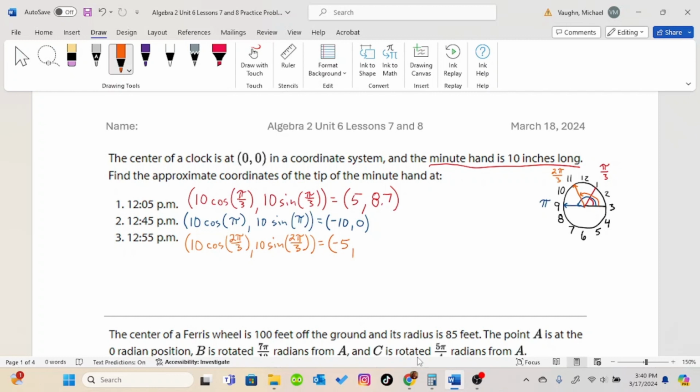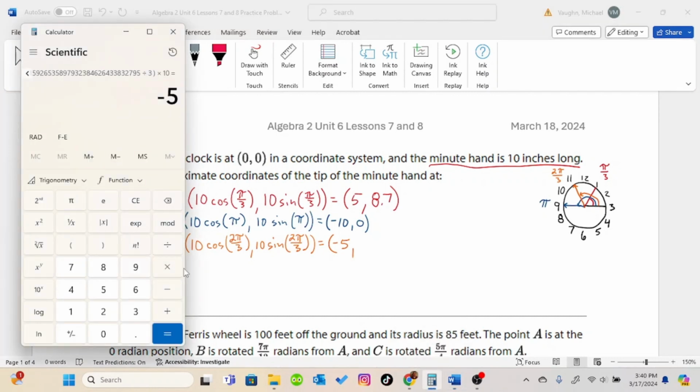Then I want the y value. So again, in parentheses, 2 times pi divided by 3. And now I want the sine of that, and I want to multiply it by 10. And I have 8.7.